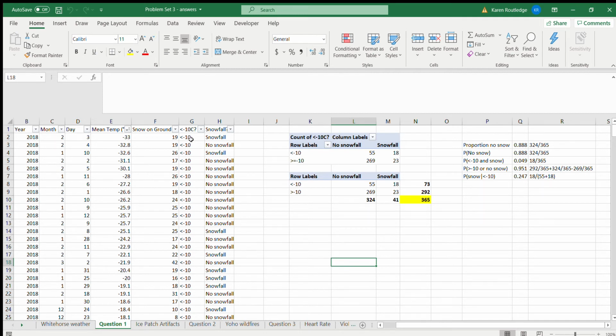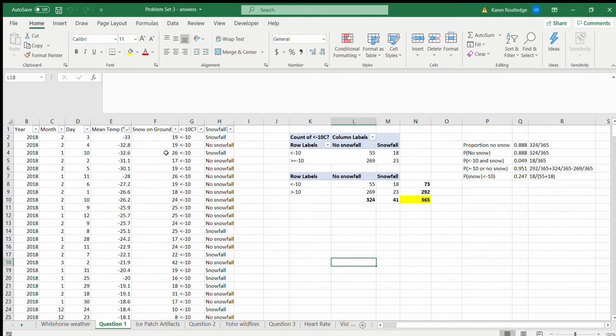Same thing here with snowfall. We have snow on ground, but we have to convert that to, well, did it snow or not? Snow on ground is not the same thing as snow falling on the ground. So as the guidance document mentioned, we look at the change in snow on ground to do that. So if on this particular day there is 19 centimeters, and if there's still 19 centimeters the next day, we're going to assume that no, it did not snow.